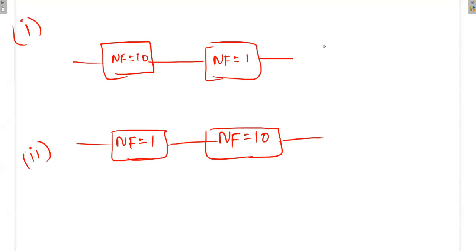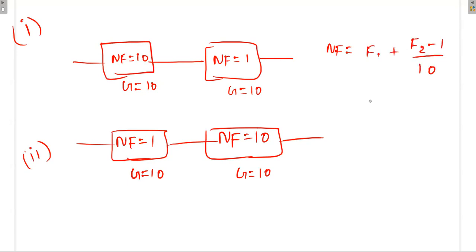Then quickly we will see what is the overall noise figure, and also we will assume that both are having same gain. This is also having gain 10, gain 10. So both the systems are having gain 10. Okay, so now what is the formula? The overall noise figure formula is f1 plus f2 minus 1 divided by 10.